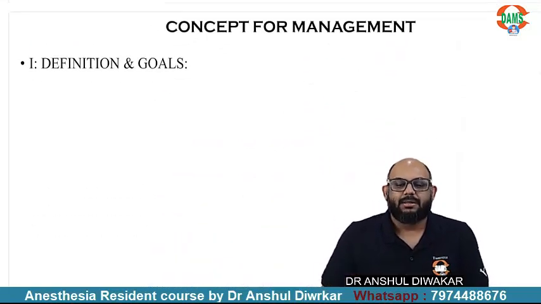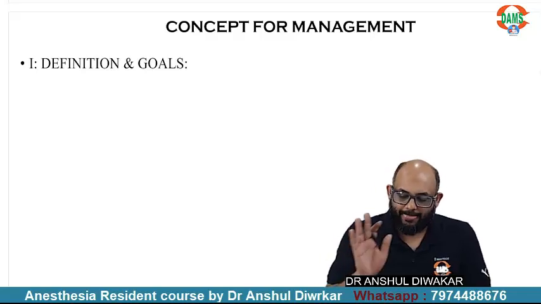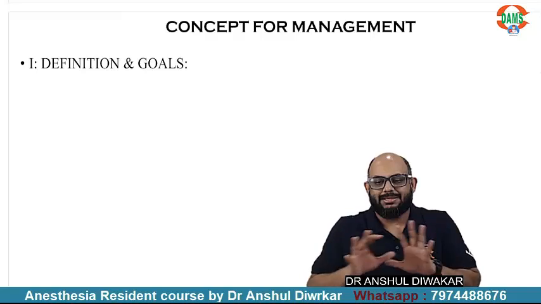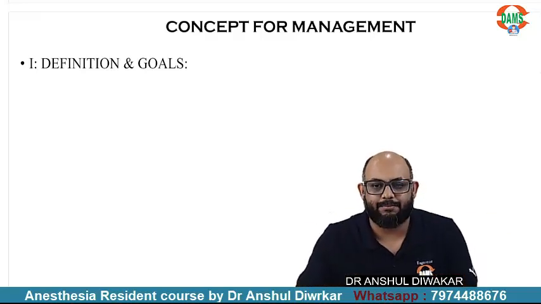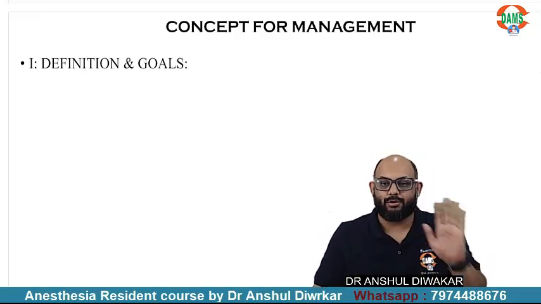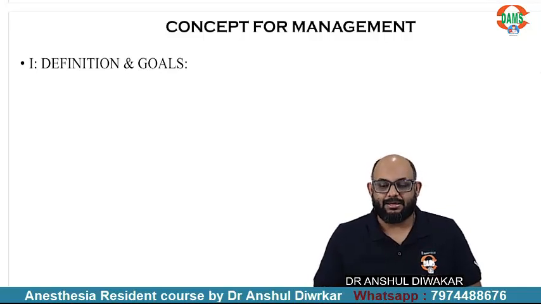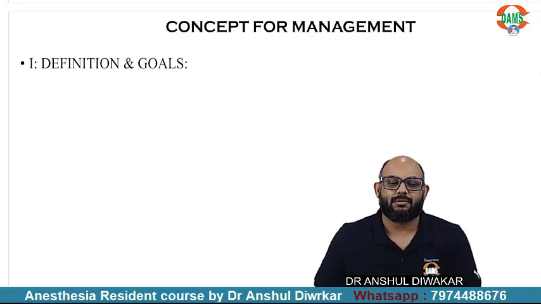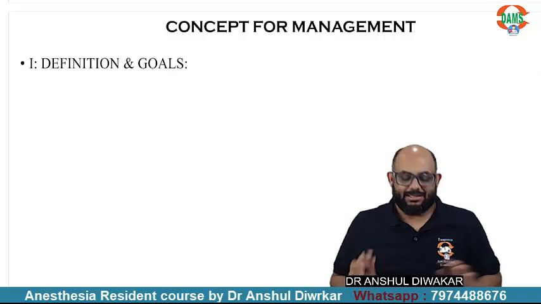All right. Let's now talk about the concept for management. Concept. Now, this is the entire thing that they have given in the beginning of the article, and this is what I want you to remember very nicely, that why have they made these guidelines. All right. Let's first define.